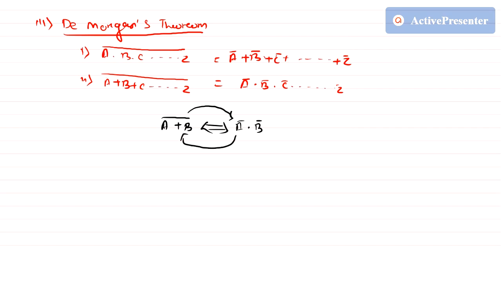So if you see the universal gate concept, everywhere you have used this from multiplication to addition. So this is used in NAND as universal, and you have to use this for NOR as universal.